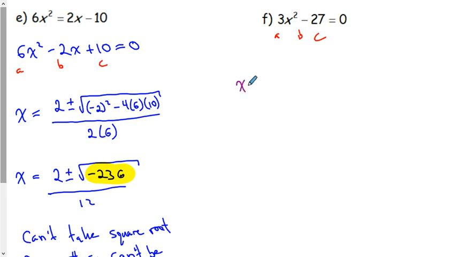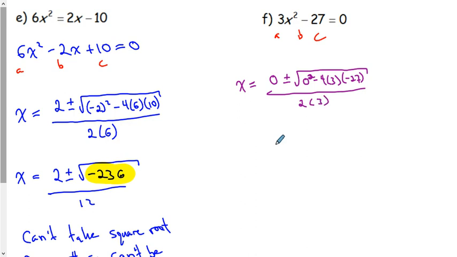So we'll say, okay, x is equal to, first of all, negative b, so negative 0, that's just 0, plus or minus square root of b squared, so 0 squared, minus 4 times 3 times negative 27, 4ac. All that is over 2a, 2 times 3.